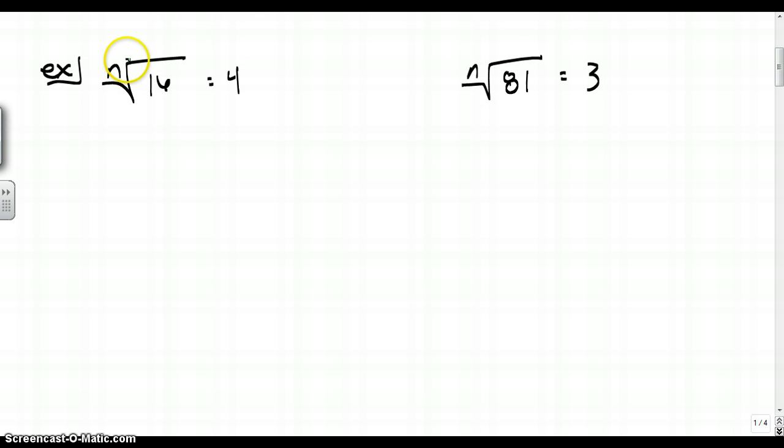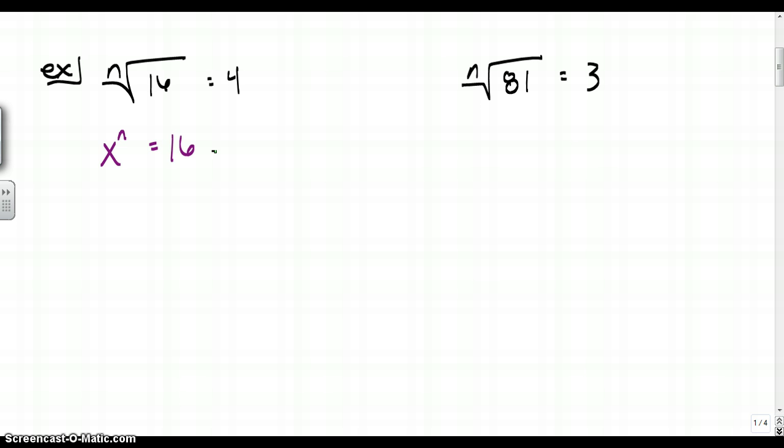So I'm going to do the first example. And after I work out the example, if you want to pause it and attempt to work out the next example by yourself, that might be a good idea. If you wanted to see me work out examples, then you can keep going. Either way, at any time, feel free to pause and work out your own examples. So the nth root of 16 equals 4. This means that some number, we'll write as x, times itself n times equals 16.